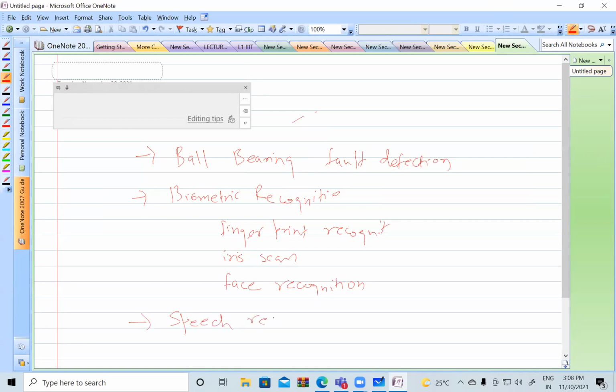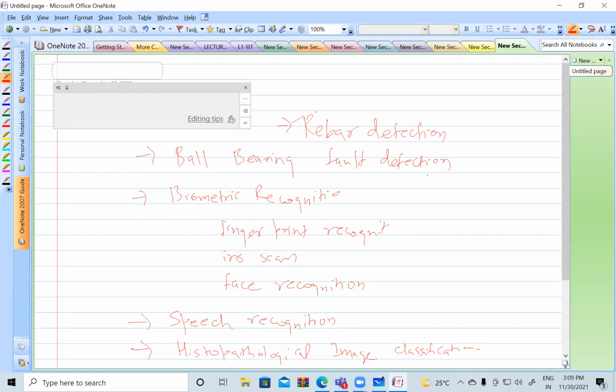Then, let's say, histopathological image classification. Another problem is radar detection.